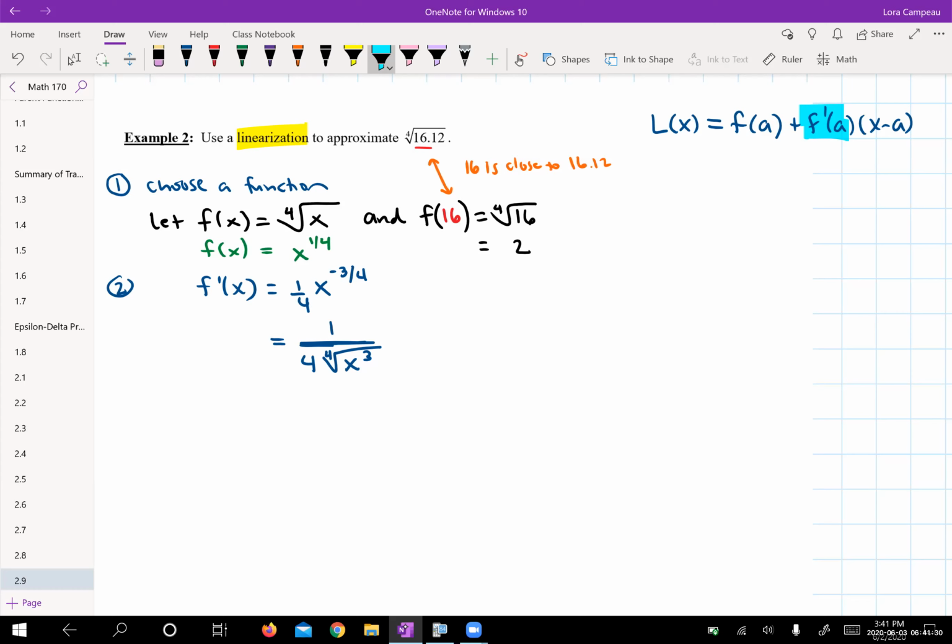So remember, when we played with our chosen value, we decided that we were going to let a equal 16. So 16 is close to 16.12. Therefore, a should be about 16. That's our choice. So that's the next thing I want to do within this process. I'm looking at f prime of a.